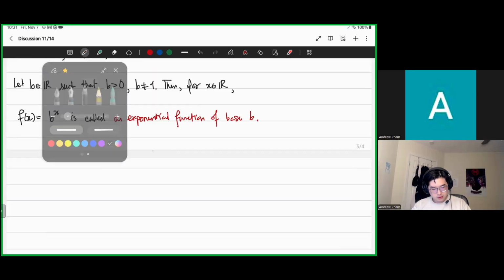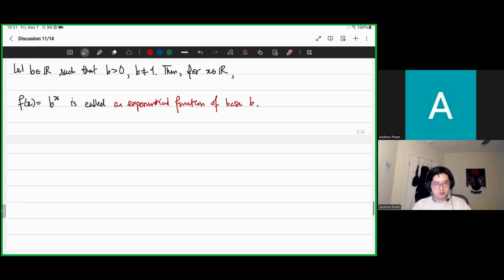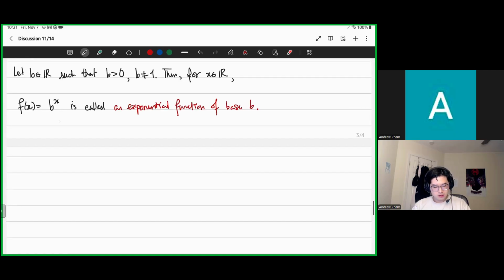Okay? So as you can see, the big number being raised to an exponent x, that's called the base. And then of course the exponent is just called the exponent, right?